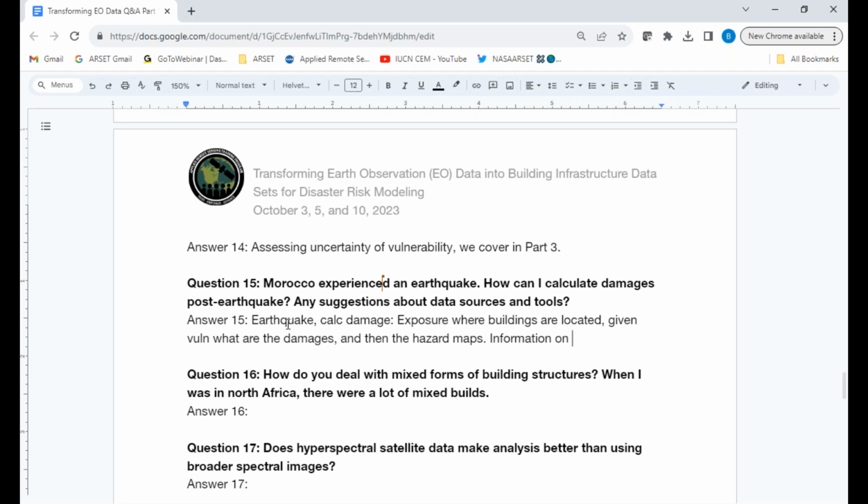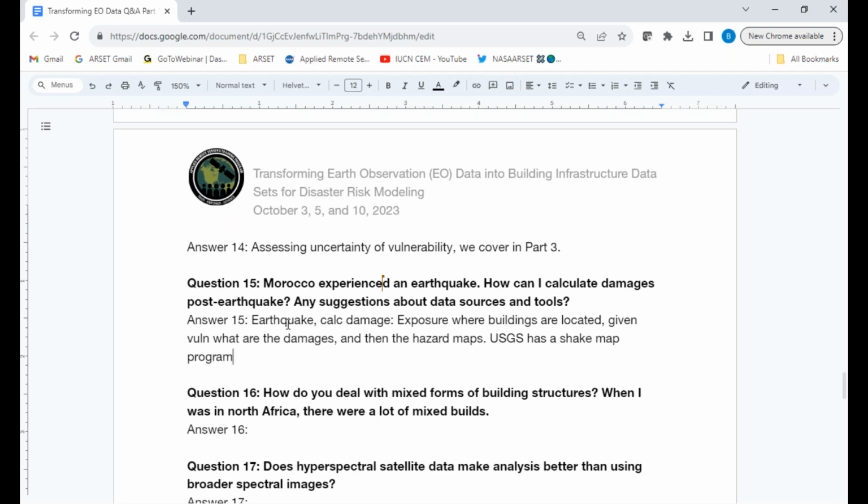Then you have to have some engineering expertise to be able to determine what the damages are. And last, there's the hazard information, which USGS does provide. USGS has a ShakeMap program, which produces ground shaking hazard GIS data that can be downloaded and is publicly accessible.